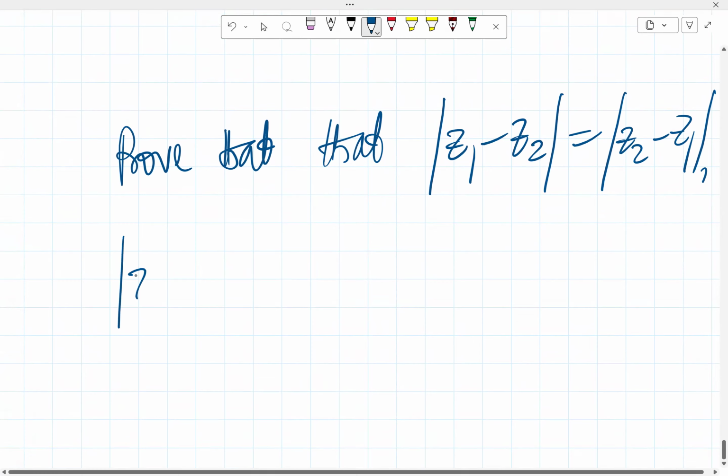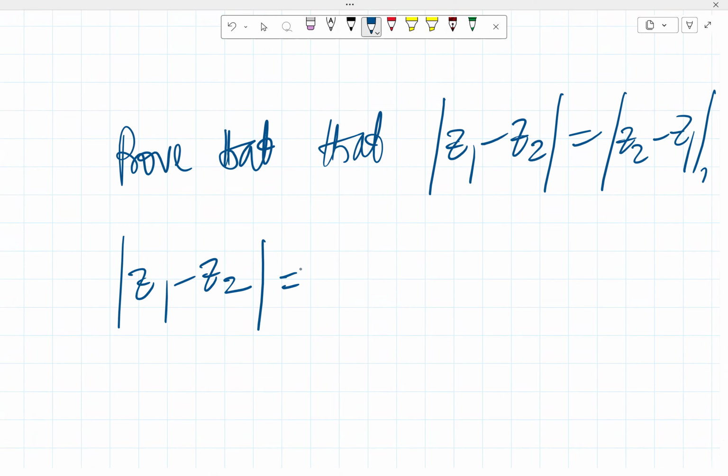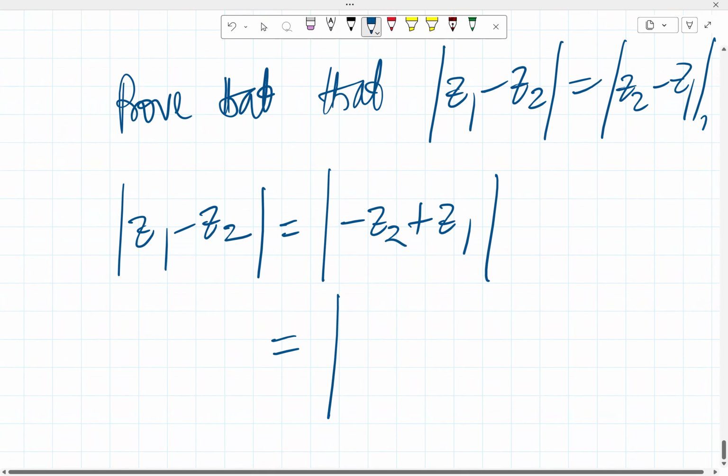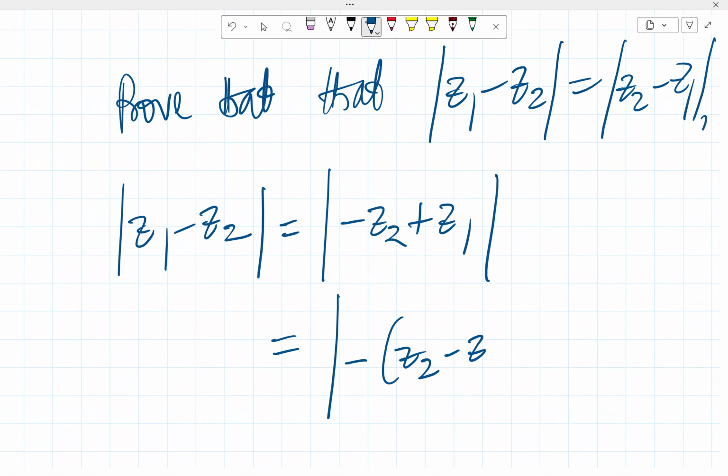We know this is the absolute value of Z1 minus Z2, and you can say this is the same thing as minus Z2 plus Z1, right? Nothing has changed. I just put minus Z2 forward and put Z1 back. We can then factorize minus 1, so we have minus into Z2 minus Z1. Make sense?